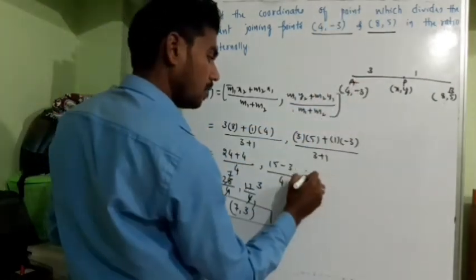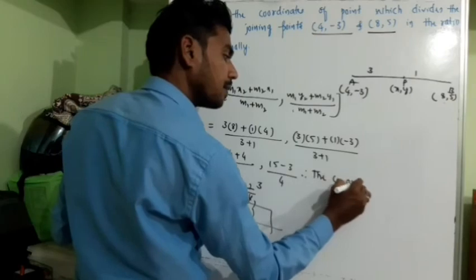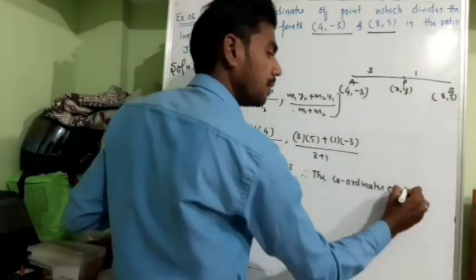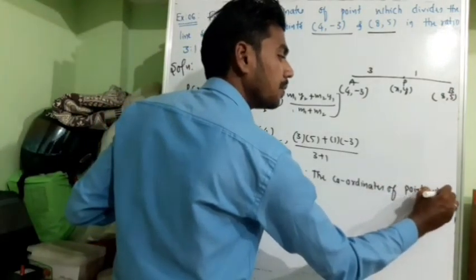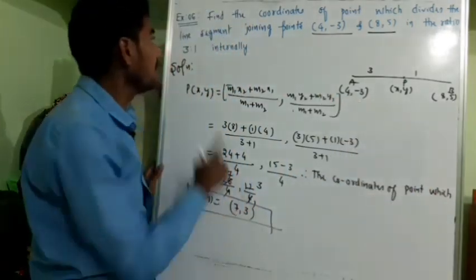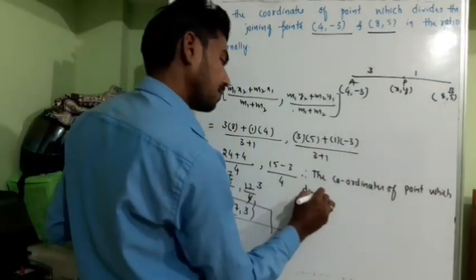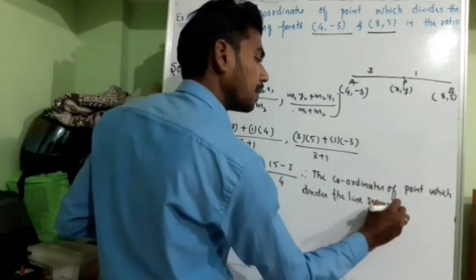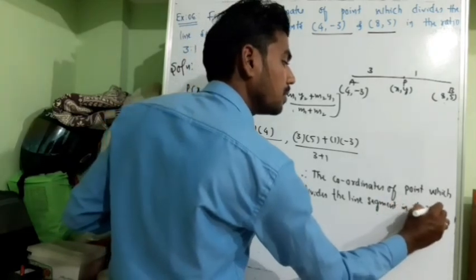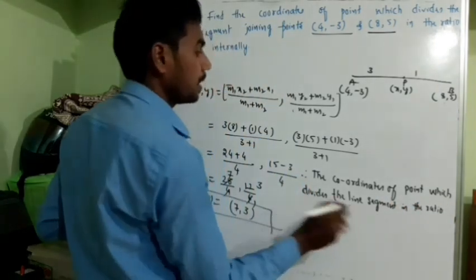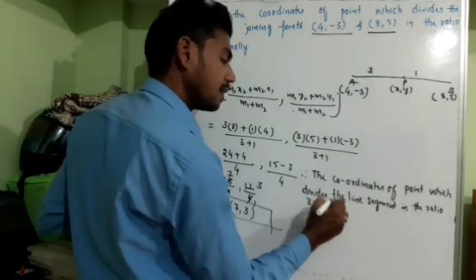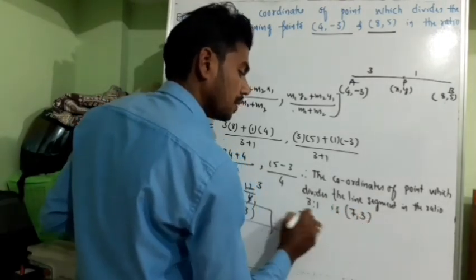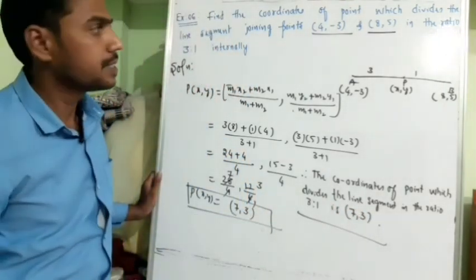Therefore, the coordinates of the point which divides the line segment in the ratio 3:1 is (7, 3). So that could be your concluding statement. Please note this down.